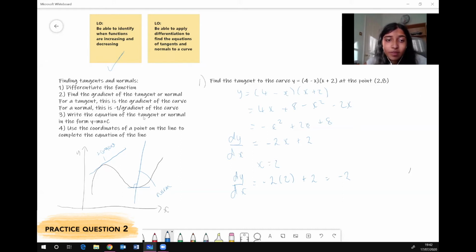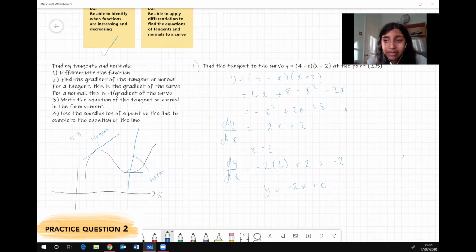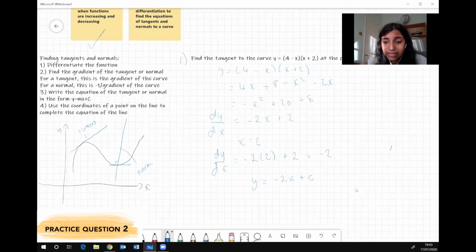And now we can write the equation of the tangent in the form y equals mx plus c. So you'd have y is equal to minus 2x plus c. And then your last step is you want to use the coordinates of a point on the line to complete the equation of the line. So we have a point here, (2, 8). We can just plug (2, 8) into this equation to try and find c.